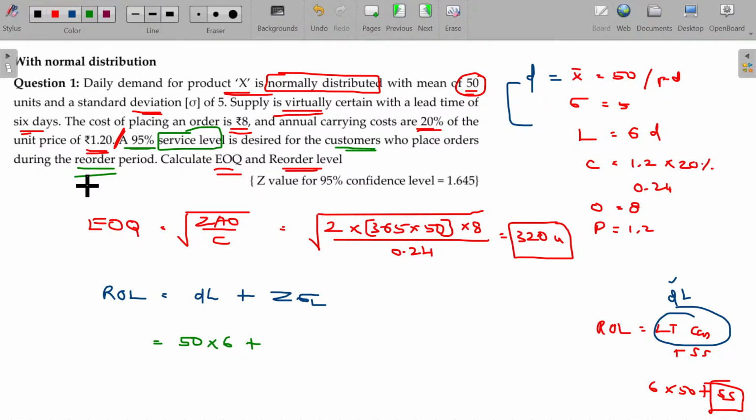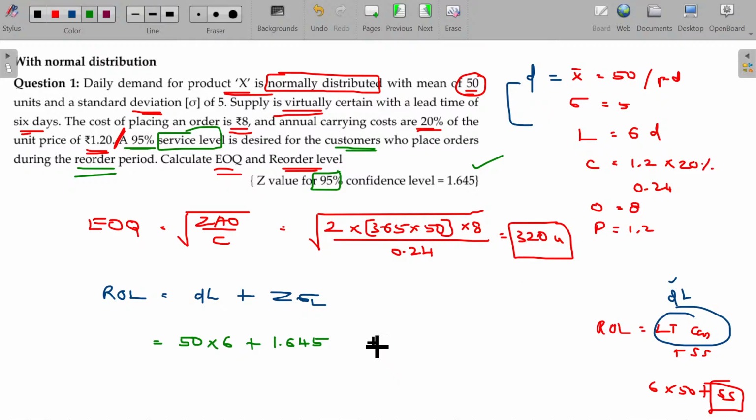Some 5 times may be missed because of the non-availability of stock. So if I want to meet 95%, then what could be the reorder level? For 95%, Z value being 1.645. Right. Now standard deviation of the lead time. Is that okay?